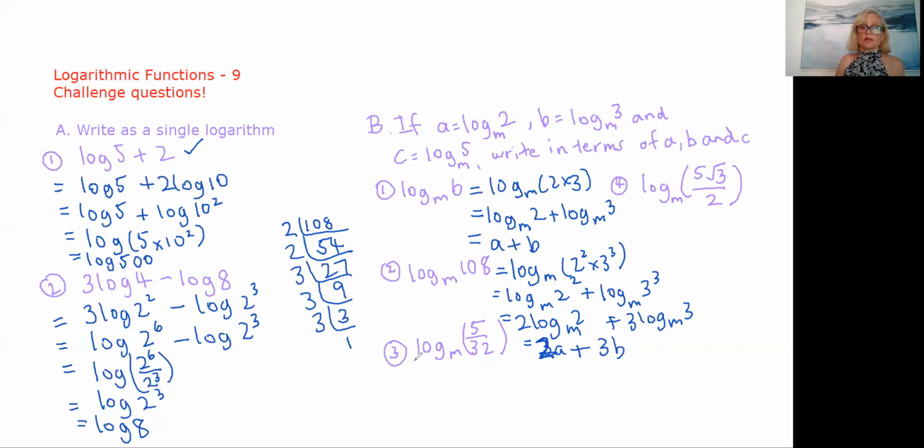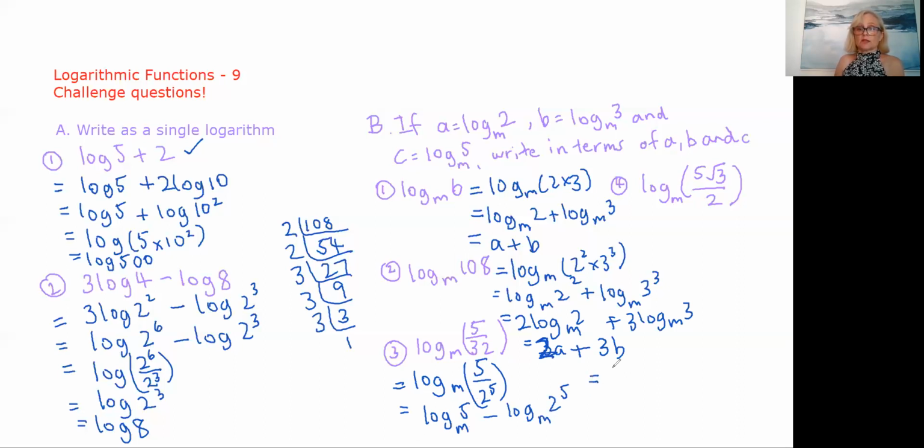Let's have a look at this one here. What have we got? Well, let's again just change it to powers of primes to start with. So 5 is already a prime. 32 is 2 to the 5th. When we use our rule, if we're dividing our powers, we're going to subtract our logs. So this will be log of 5 to base m minus log of 2 to the 5th to base m.